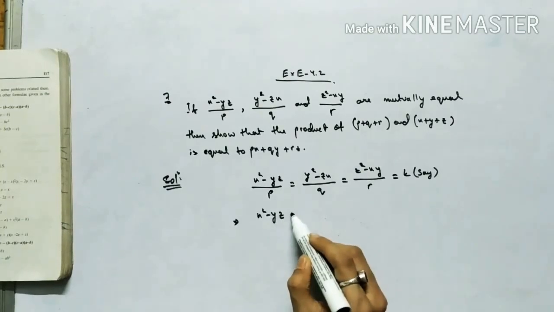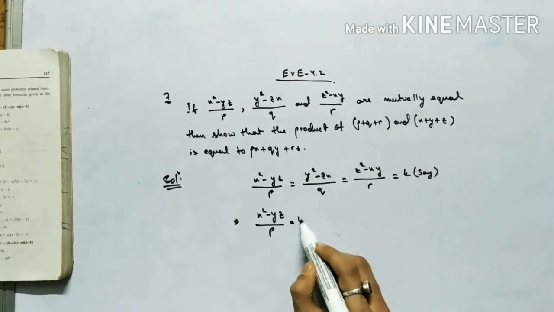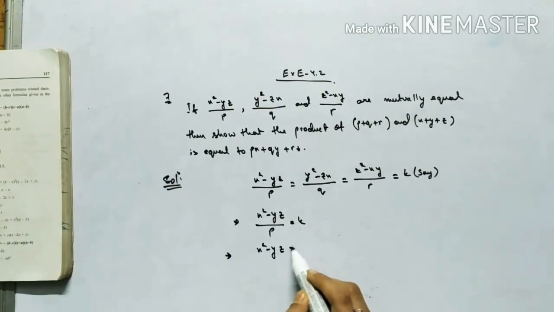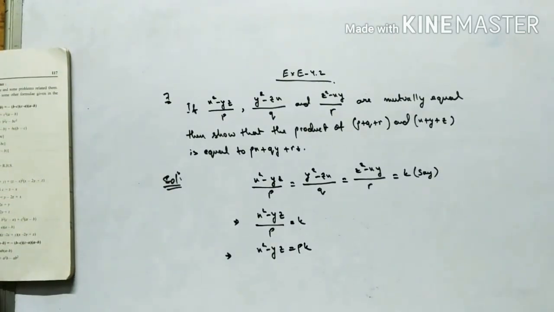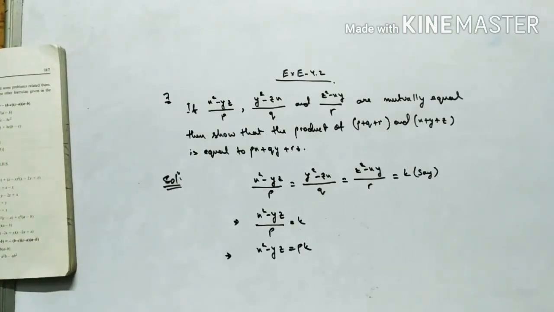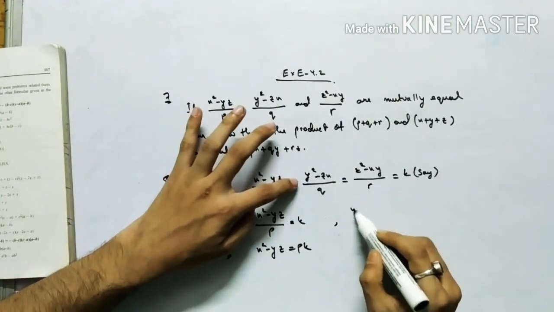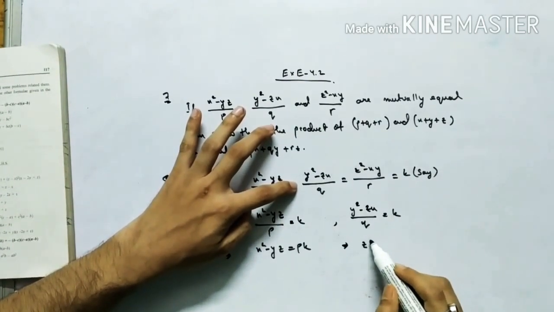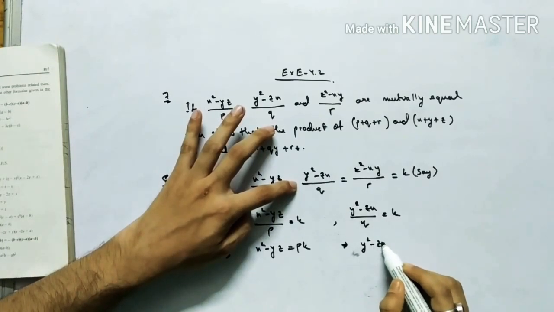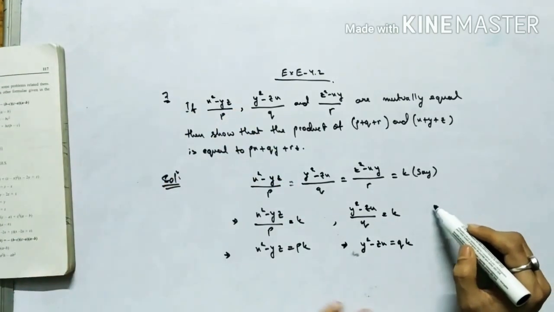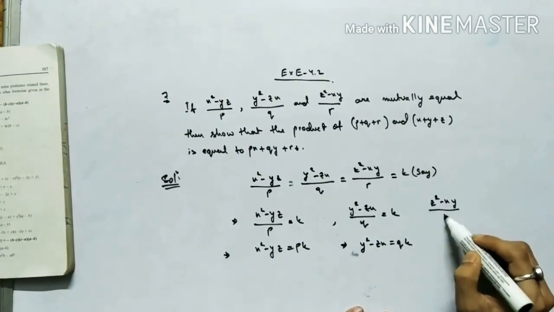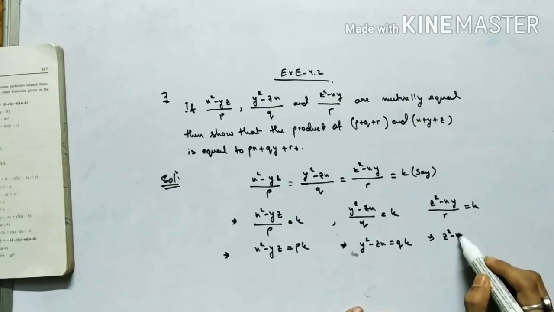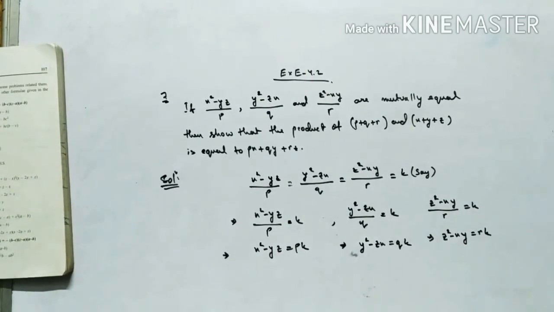Therefore, x square minus yz is equal to pk, y square minus zx is equal to qk, and z square minus xy is equal to rk.